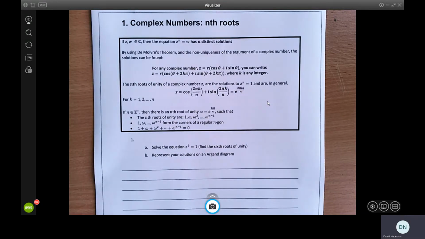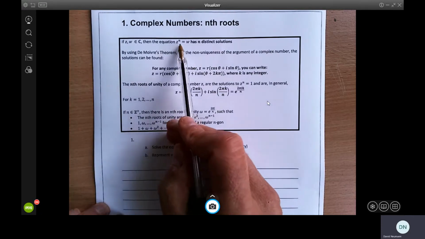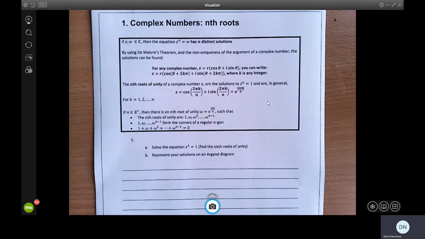We'll see that in a moment. We can also use this to solve equations like z to the power of n equals w, and we'll see how to do that in a minute.